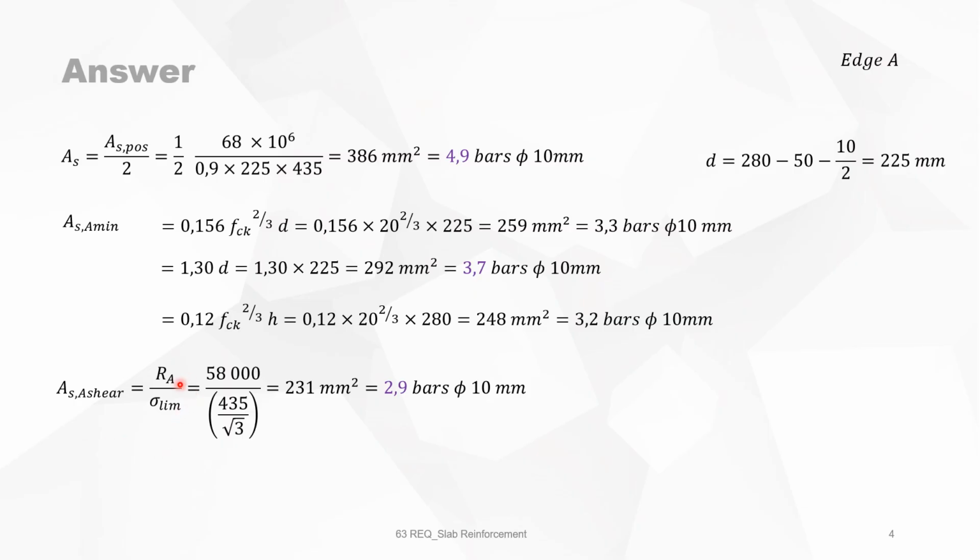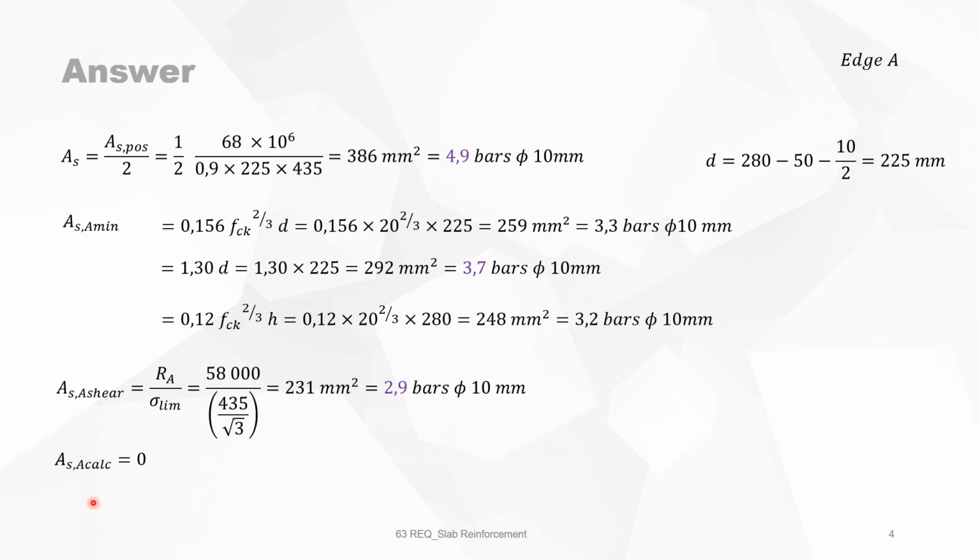So it means that the reaction at HA, 58,000 Newton, divided by the maximum allowed stress, which for shear force is the yield strength divided by square root of 3. And so we need at least 231 square millimeters so that the support is mechanically fixed. And this gives you 2.9 bars per meter.